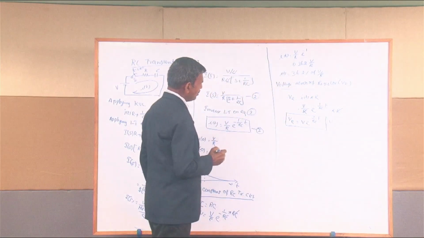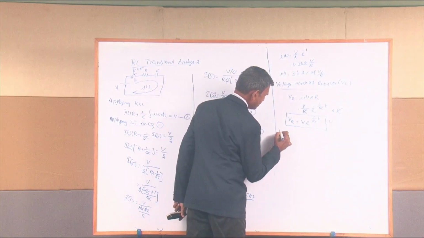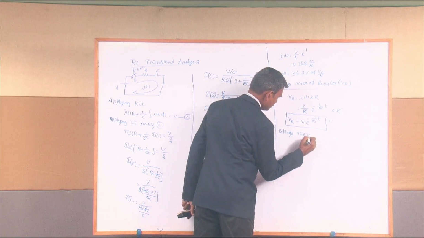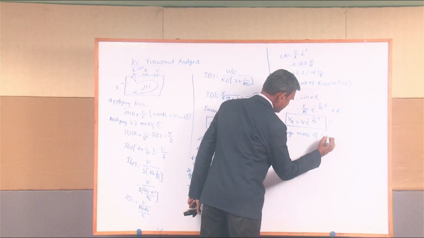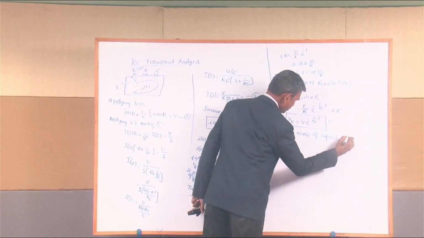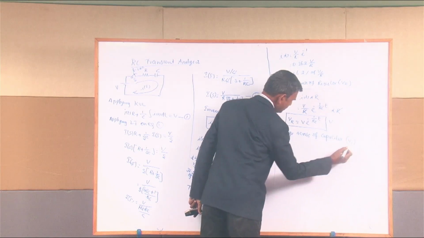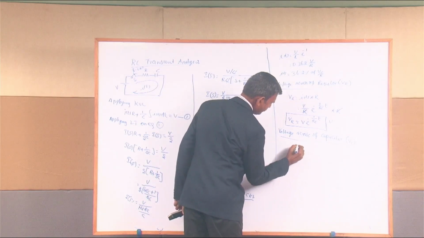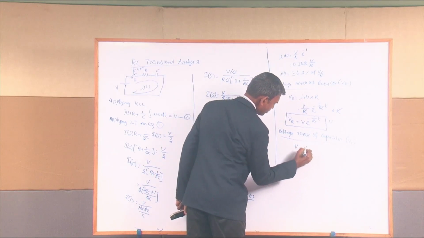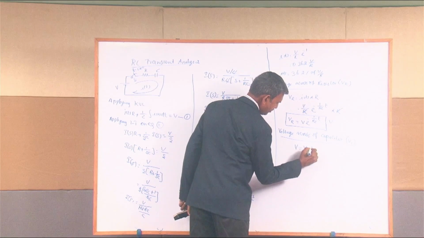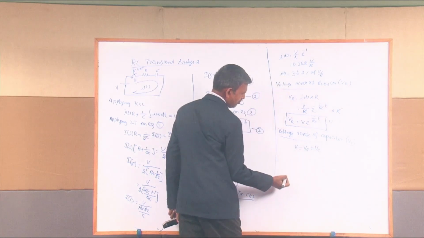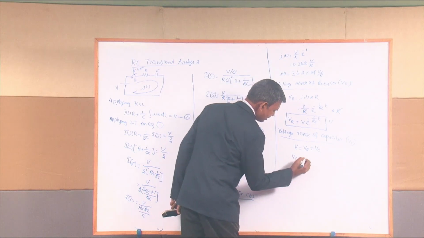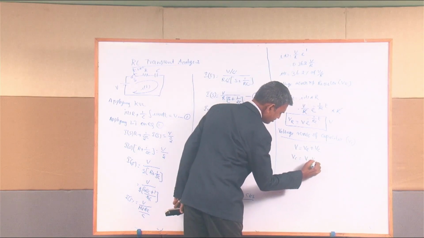Similarly, we are finding the voltage across the capacitor, VC. As per KVL, the applied voltage V is equal to the voltage drop across the resistor plus the voltage drop across the capacitor. We need the voltage across the capacitor, VC, which is equal to V minus VR.